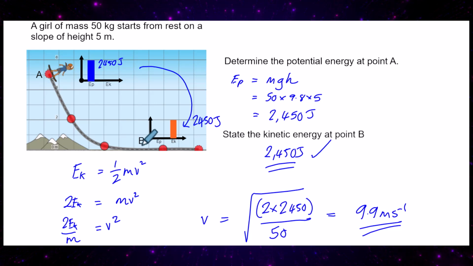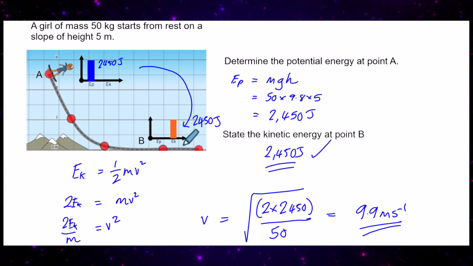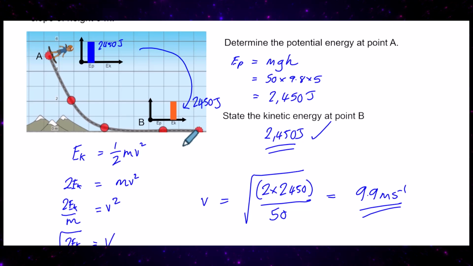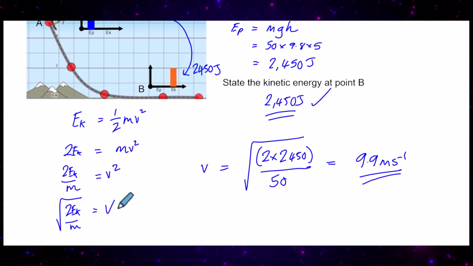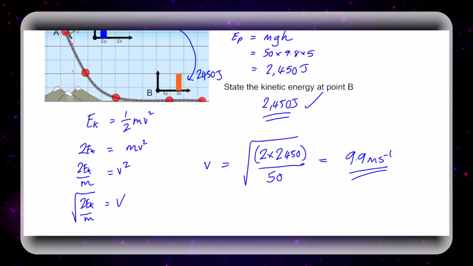It's all been transferred into kinetic energy. And if we know the value of the potential energy, we'll know the value of the kinetic energy. And we can use a little formula here that the speed of the skateboarder with a certain amount of kinetic energy is simply found by saying twice the kinetic energy divided by the mass, take the square root, will give you the speed. And that's how we find the speed of something at the bottom of a slope.